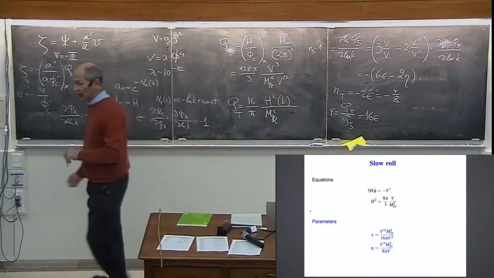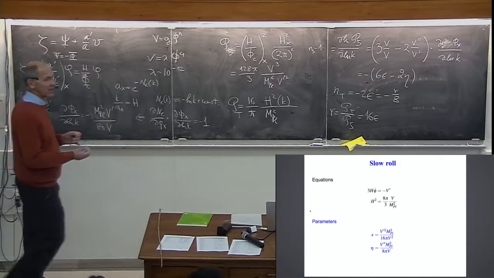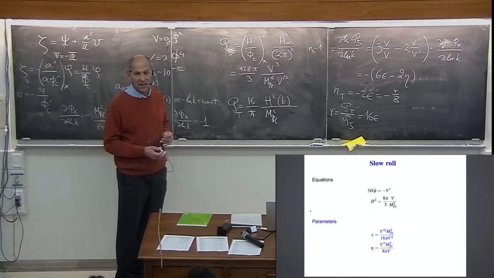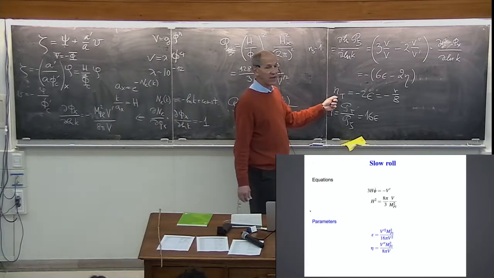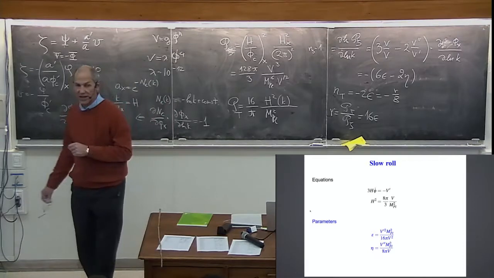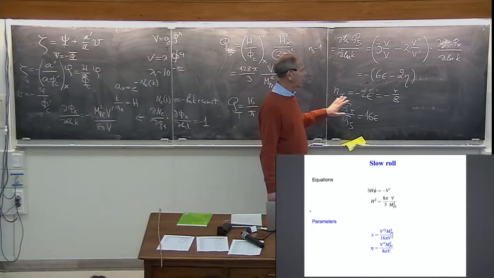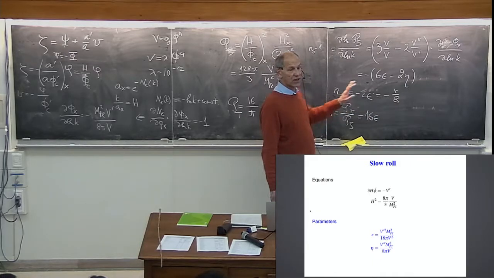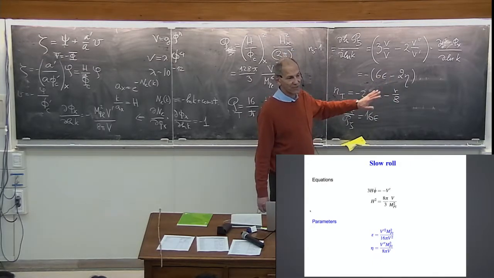That would be great. That would be fantastic if we would be able not only to see the effect of gravity waves on the cosmic microwave background, but also get some idea of what the tilt in the power spectrum of gravitational waves is. And then for single field inflation, the slow roll regime, you have this relation. If you check it, that would be a triumph.